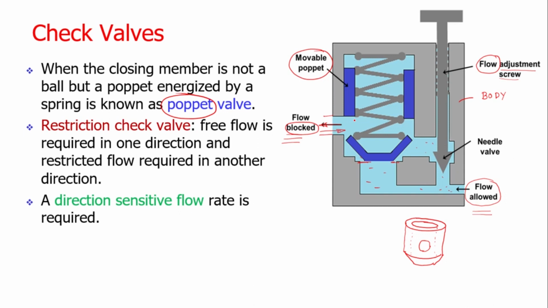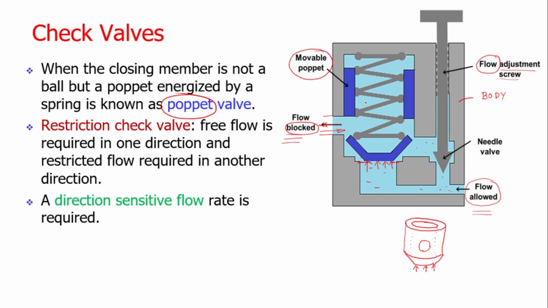But in case the pressure of the inlet is increased, if we are applying the high pressure fluid which is coming out of the pump inside the valve, then that fluid will apply pressure against the surface of the poppet. The poppet will try to push in upward direction, but there is a restriction from the spring.